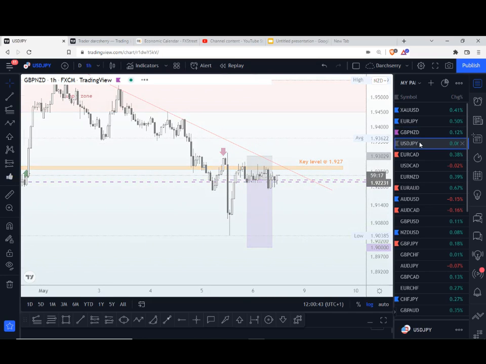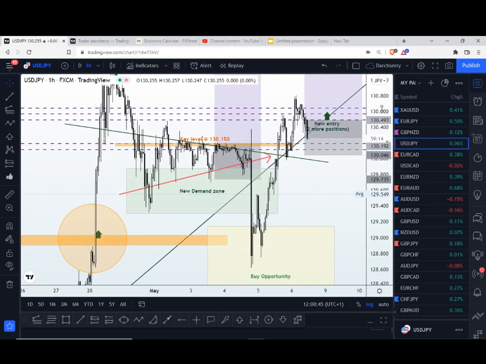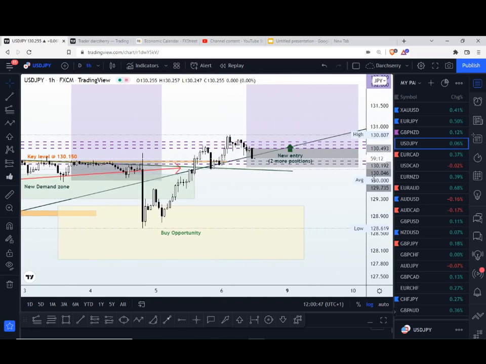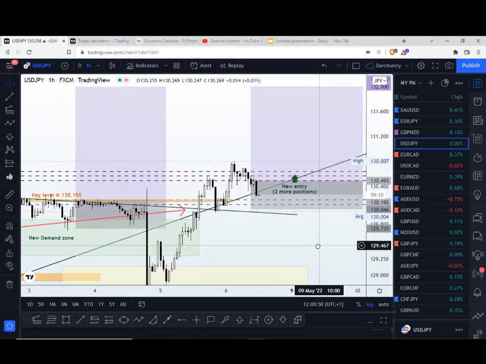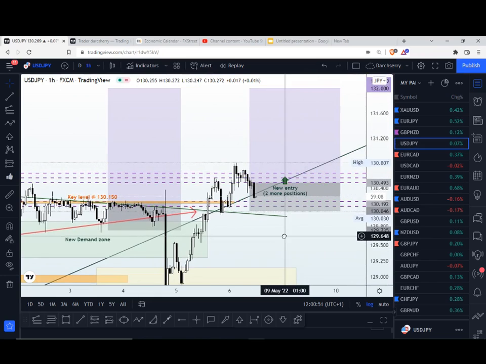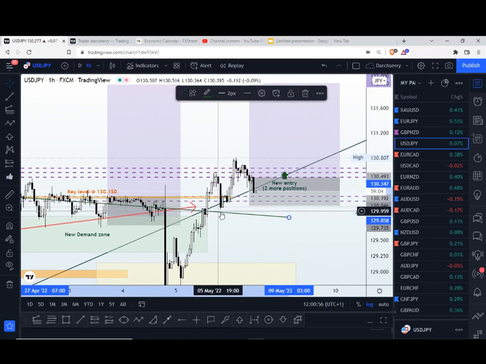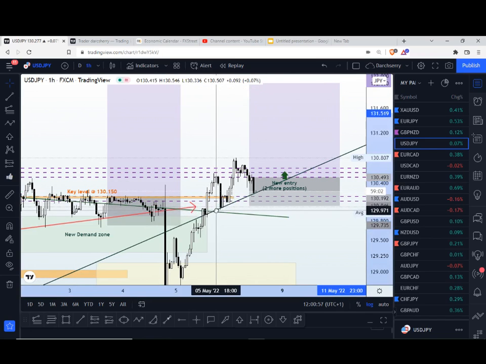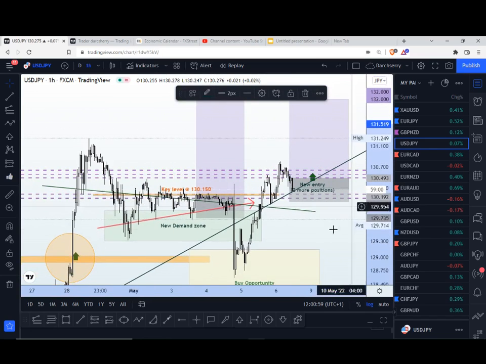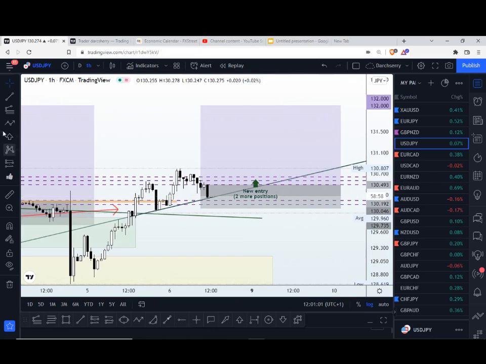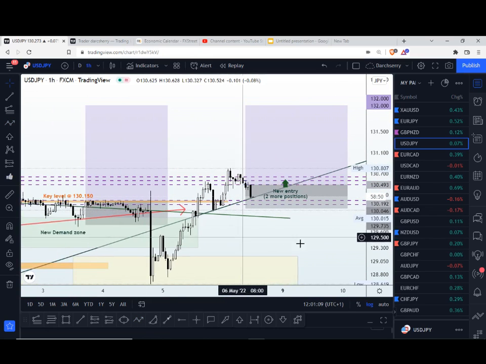Then we move forward to USDJPY, where I'm looking for an uptrend continuation. We have price coming back into our trend line zone, and then we might be seeing scenarios where you can add more positions to this trade. As you can see, we can have something like this to the upside.